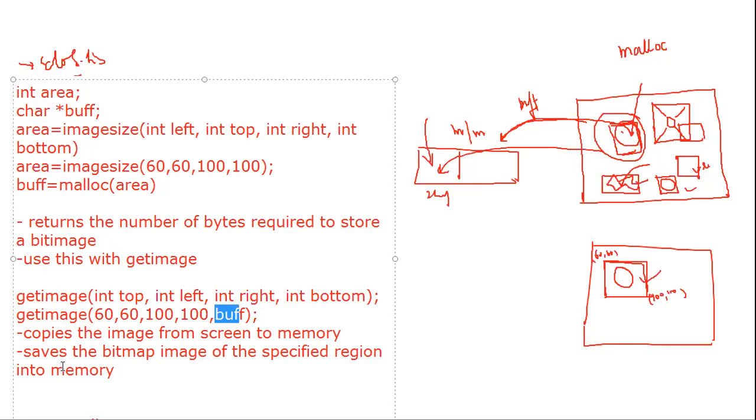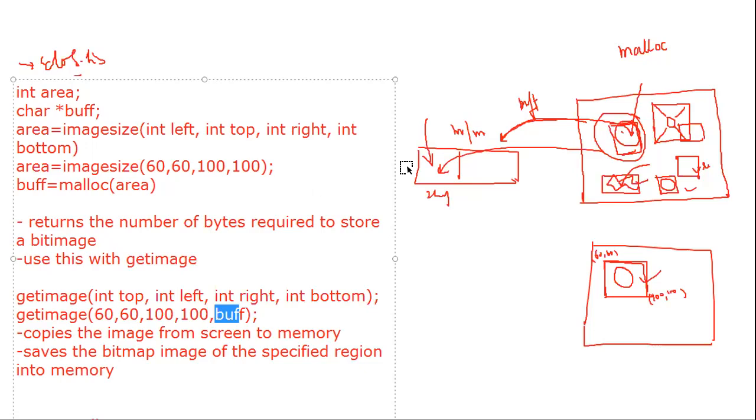Now once you have done this task, that is you have calculated the bytes required to store that bit image, and you have copied the image from the screen to the memory. Now you can play around with the image using another function that is called put image.